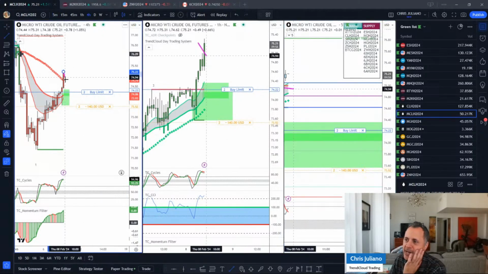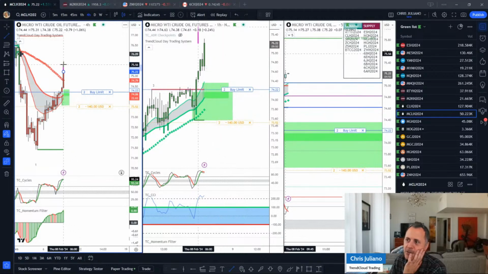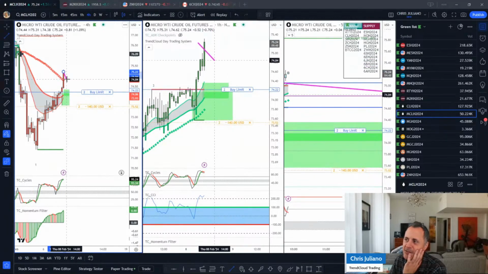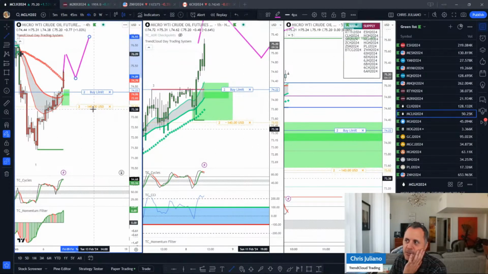The pullback on the high time frame would pull back below the 50. An ideal situation would be something more like this, right? It breaks a little bit further up and then comes down, doesn't break past the 50 for the move up, right? But nothing's perfect. Nothing is perfect.